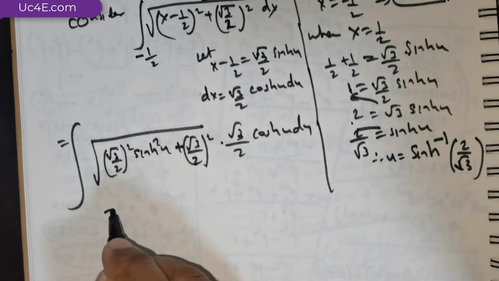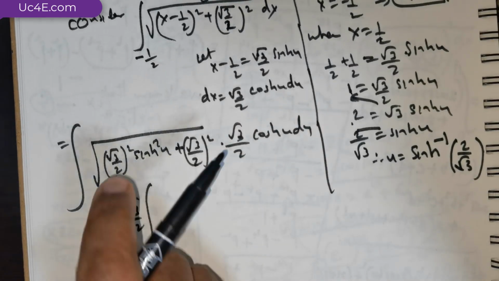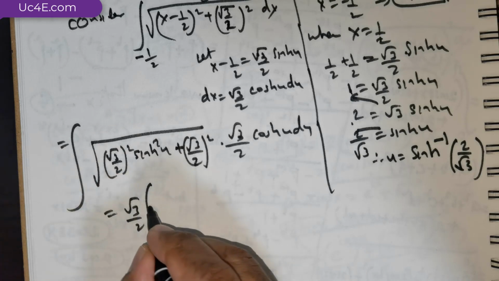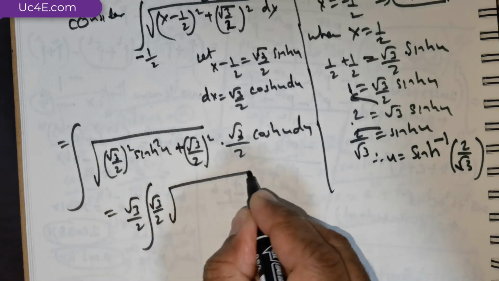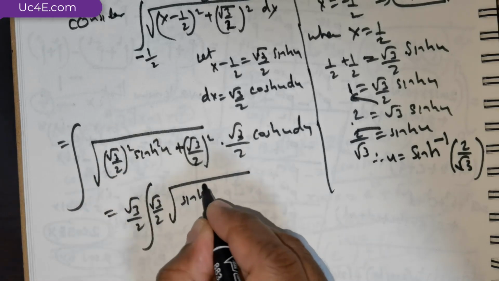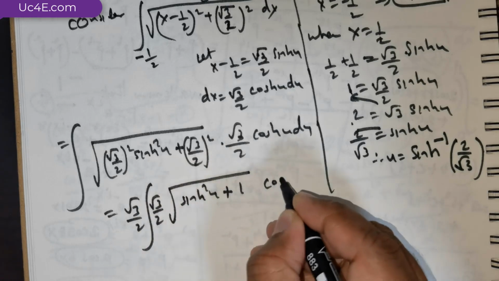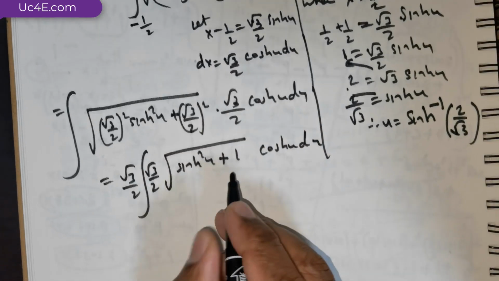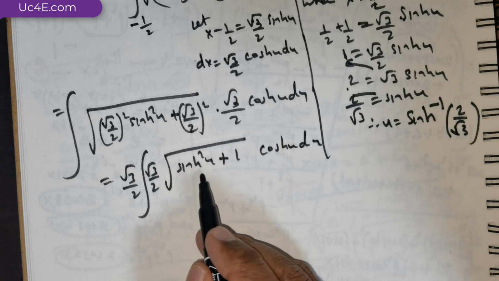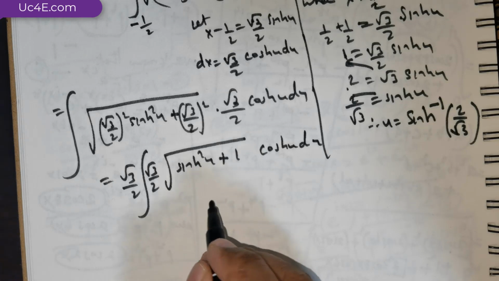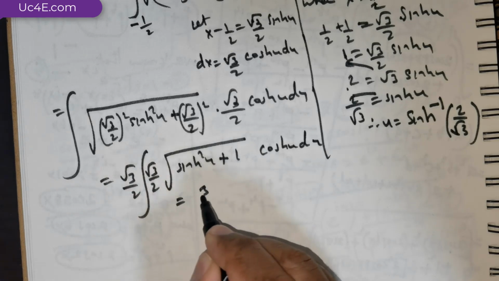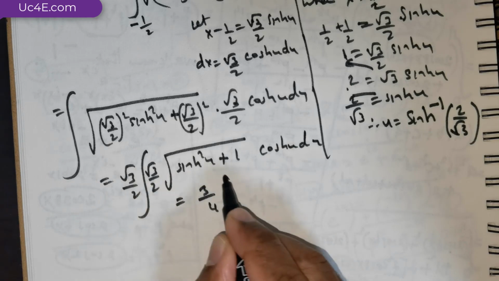I can take root 3 over 2 out. I can also take root 3 over 2 out. And I have an integration of sinh squared u plus 1 times cosh u times du. We will use the formula sinh squared u plus 1 is equal to cosh squared u. Root 3 into root 3 is 3, 2 times 2 is 4.